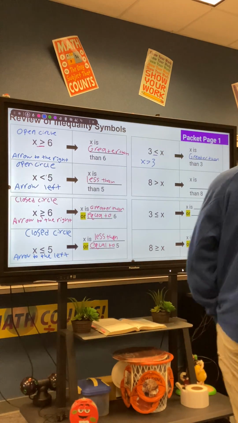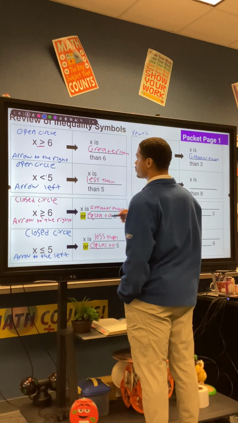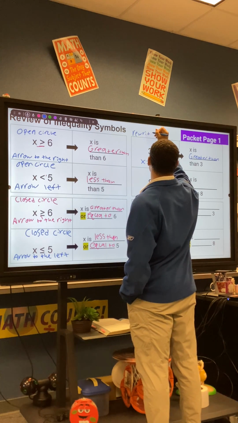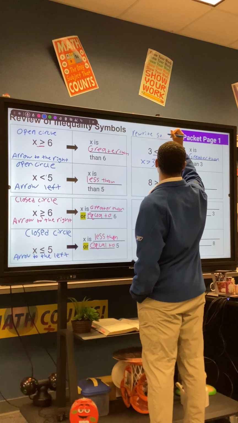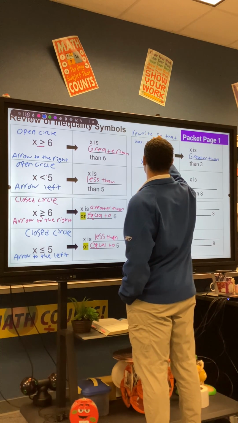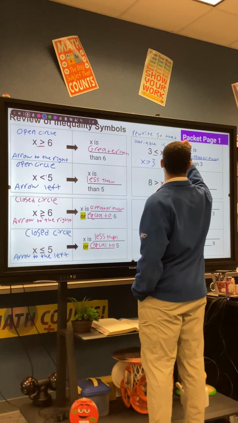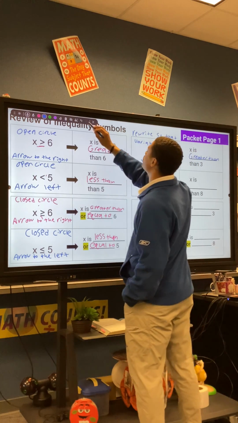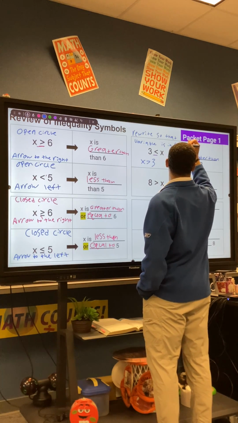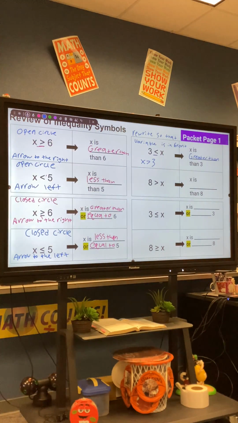And remember, you want to rewrite it so that your variable is in front.